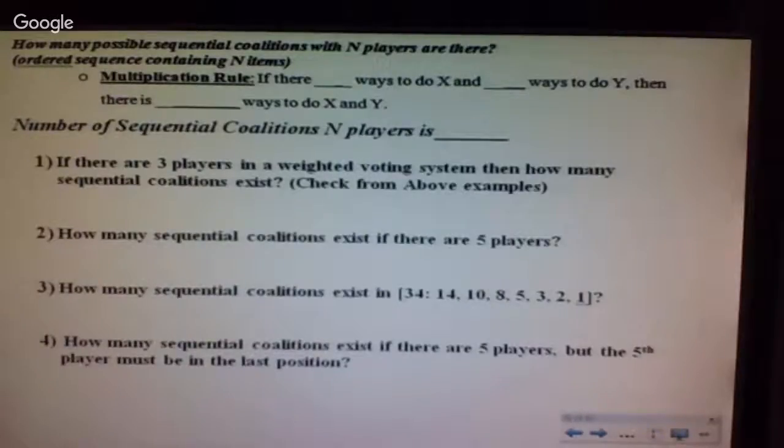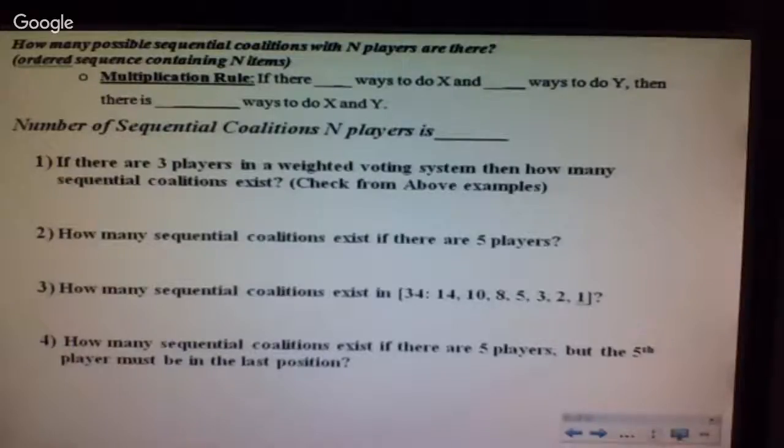Okay, so how do we get this? This comes from what we call the multiplication rule, which you should already know. It's one of those problems where if you've got 5 shirts and 7 pairs of pants, how many different outfits can you come up with? You take 7 times 5 and you get 35.